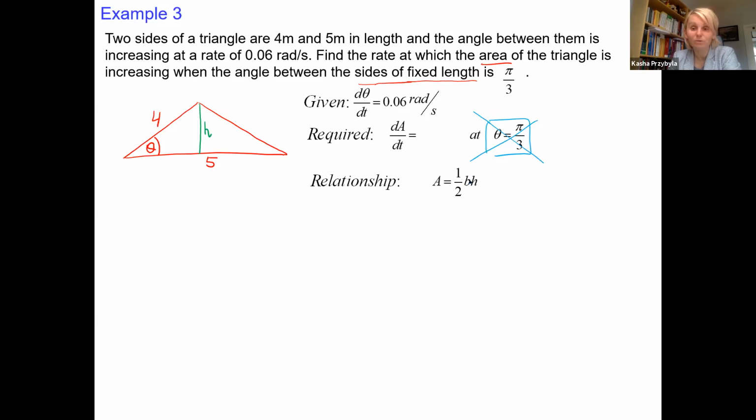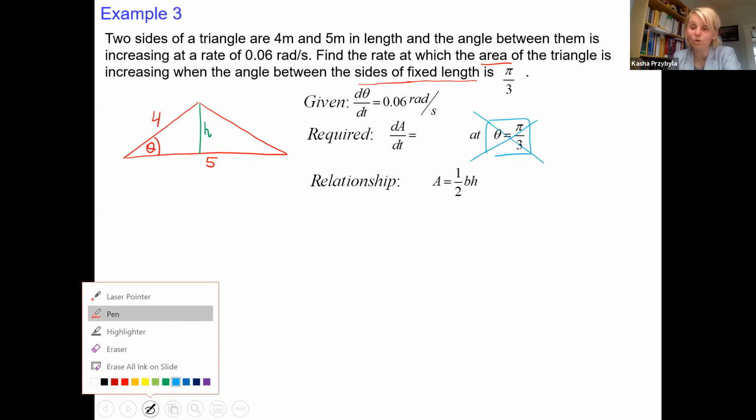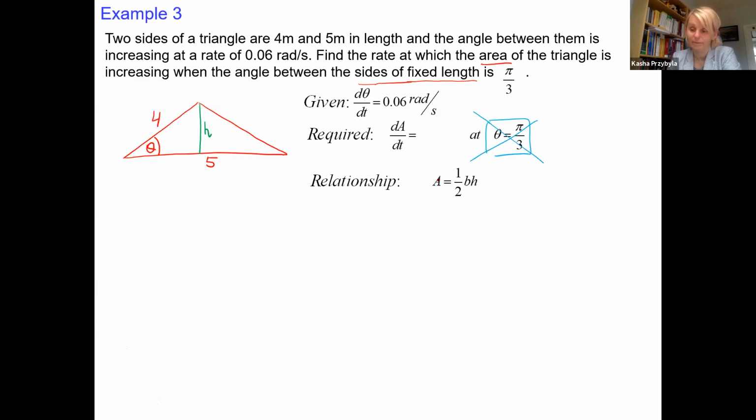Can I put dA dt, of course. We're looking for dA dt, which will be, thank you, Yatniel. Instead of b, I can definitely put 5.